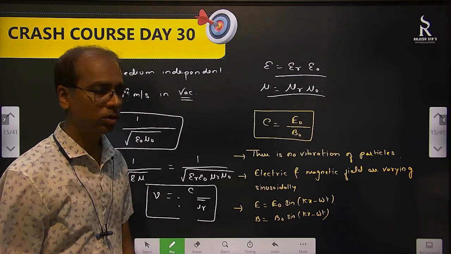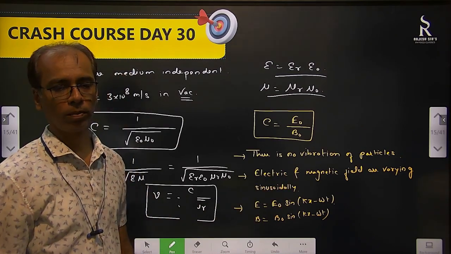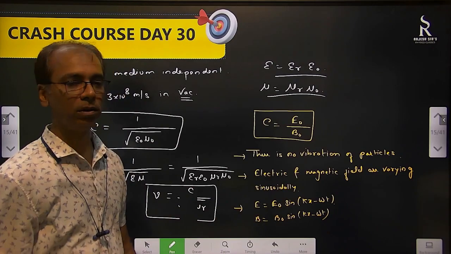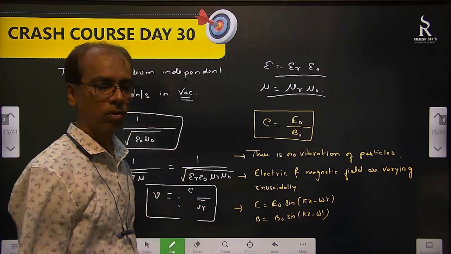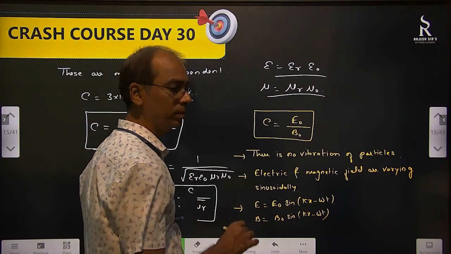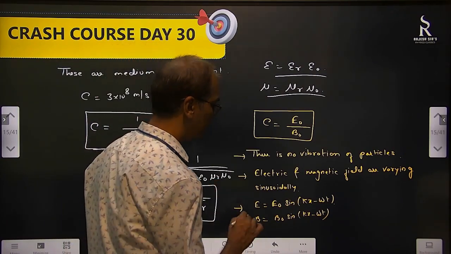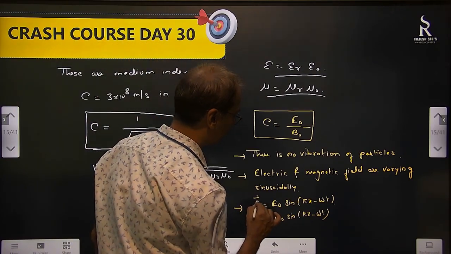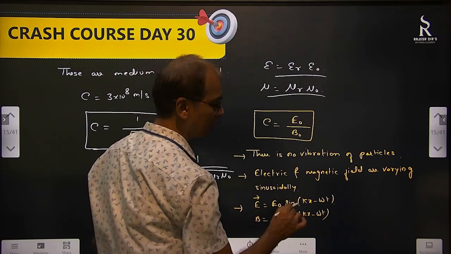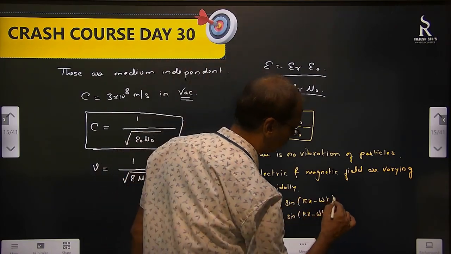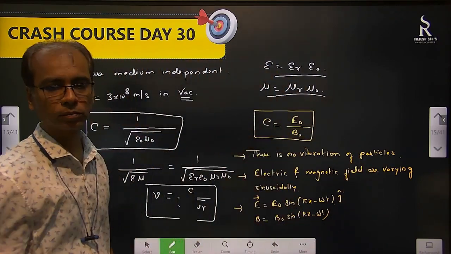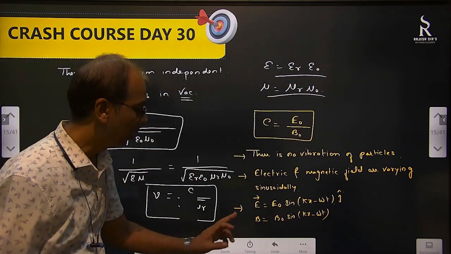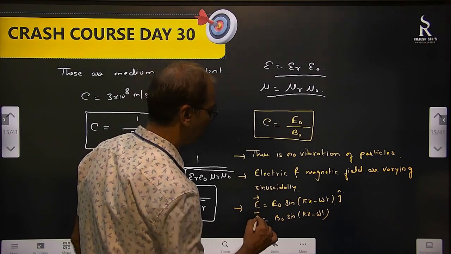But is the vibration also along the same direction? Answer is no. Vibrations will be perpendicular to each other. This is the direction of motion, but vibrations will be perpendicular. So if I say this is electric field, moving along the positive x-axis, but vibrating along, let's say, the y-axis, then the vibration of magnetic field will not be along the y-axis.